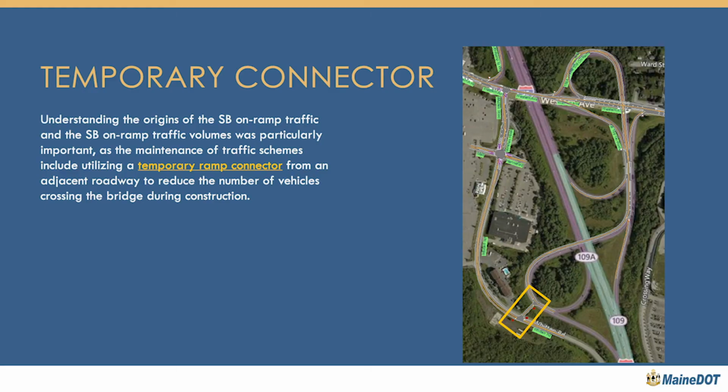It was particularly important to understand the origins and volumes of the southbound on-ramp traffic, as the maintenance of traffic detour schemes included utilizing a temporary ramp connector from an adjacent roadway, which is shown in the yellow box on the map.